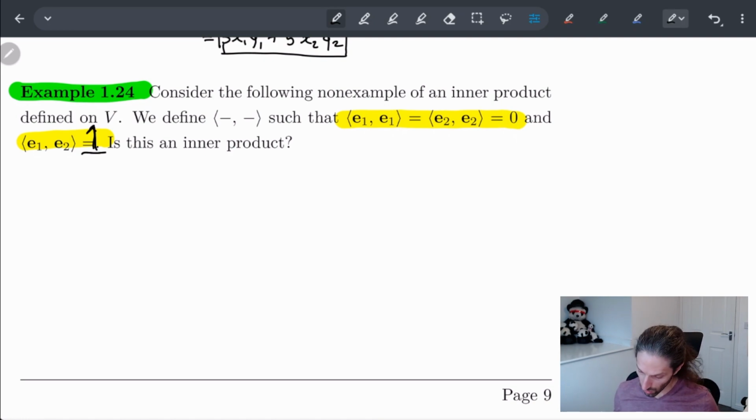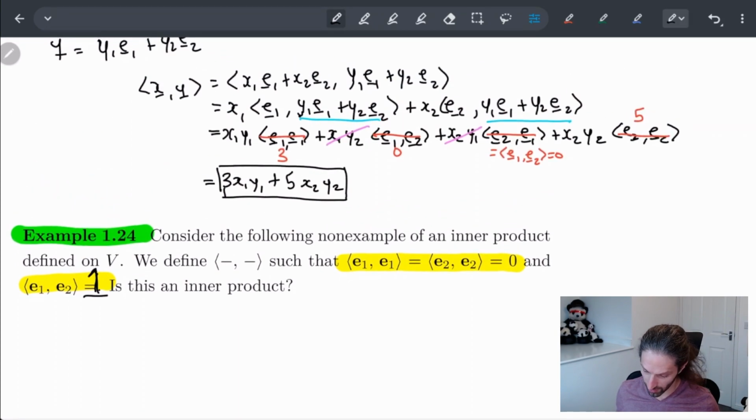And we're going to see if this is an inner product or not. First we're going to calculate this. If I take two arbitrary points x, y, you can see we do a very similar thing as before, but this time e1, e1 and e2, e2 are 0, and e1, e2 is equal to 1. So what this gives me is x1, y2 plus x2, y1.